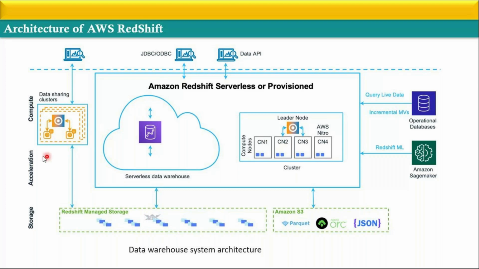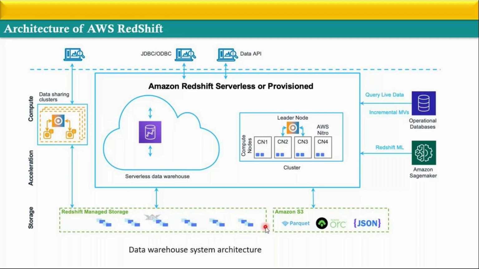And then the compute. So compute acceleration and compute, whatever data you are getting will be processed and then shared, and we will have Amazon Redshift Spectrum as well, that we will see.